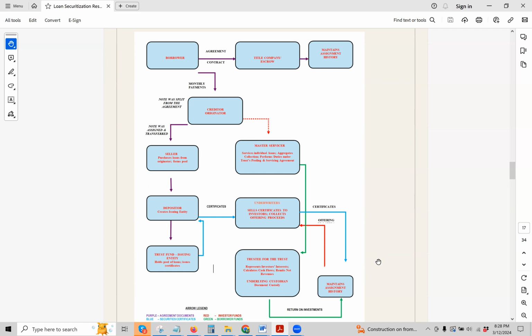What's the concept here? What is the underlying lesson? Well, the underlying lesson really is that these notes and these debts are being transferred around, right? Multiple times they're being put through these different entities, and there's a path.